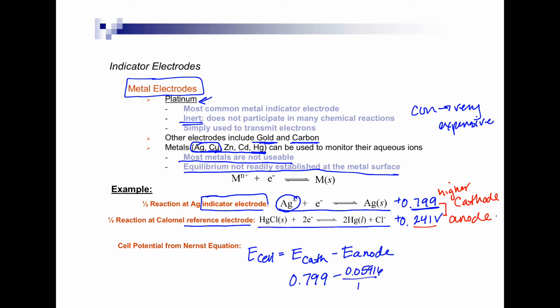One electron is being transferred, and this would be products divided by reactants, but the product is a solid here, so we don't have anything there, and this would be the concentration of silver ions. So that is what's happening at the cathode, and this dependence on the silver ion concentration is why silver electrodes act as an indicator electrode. What's happening at the anode is just 0.241 since it is a reference electrode.